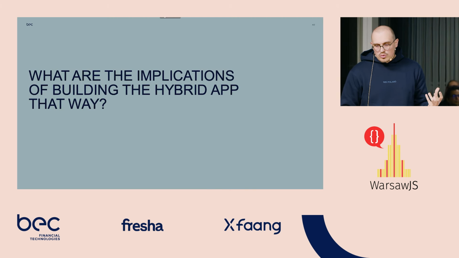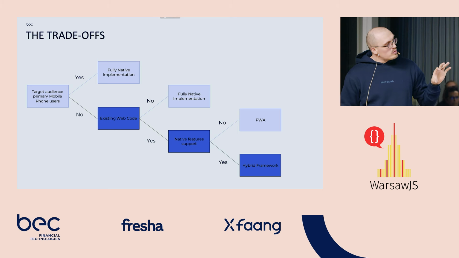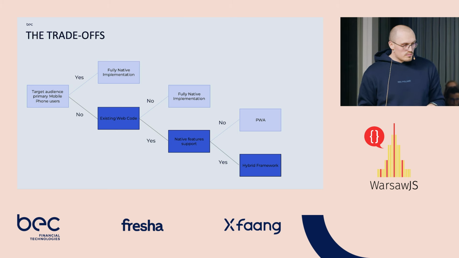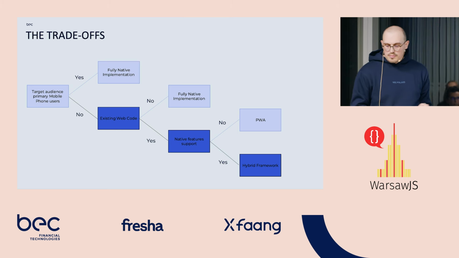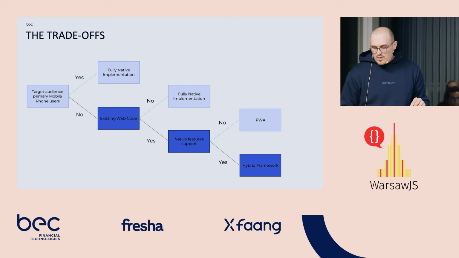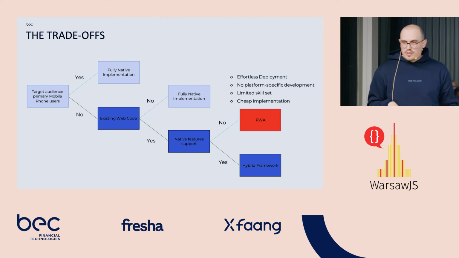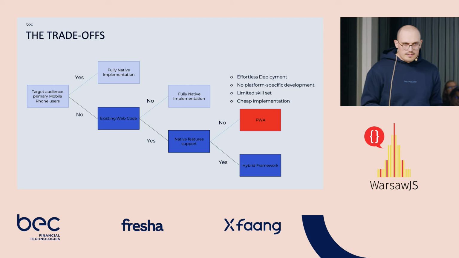So I want to look now at the outcome of this implementation. What does it mean for our organization? And I'm talking about this specific implementation. So if you look at the decision tree that I presented a couple minutes ago, you can see that if you go in one direction, you are willing to sacrifice some things.